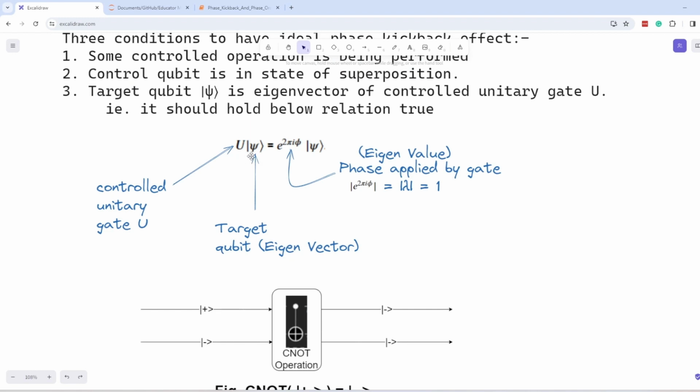So in this expression, this is the unitary gate U, this target qubit is actually the eigenvector, and when this unitary gate is applied to this eigenvector, it gives this eigenvalue, and then this eigenvector comes out as it is.